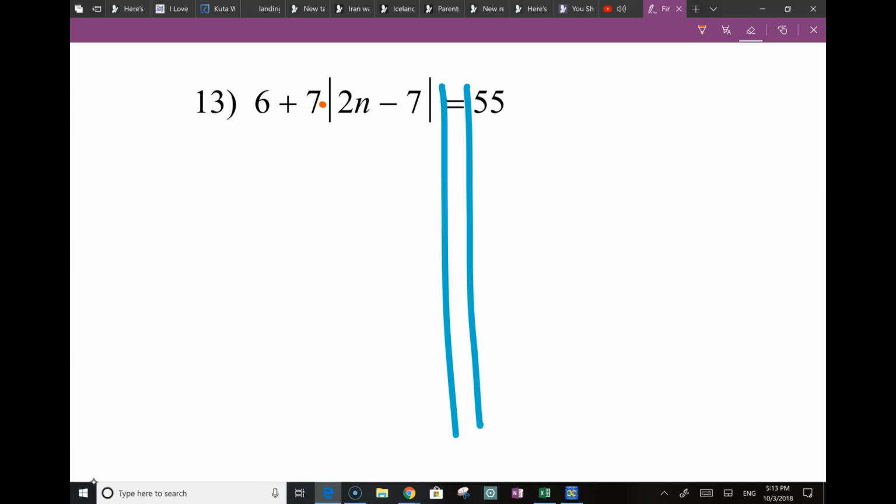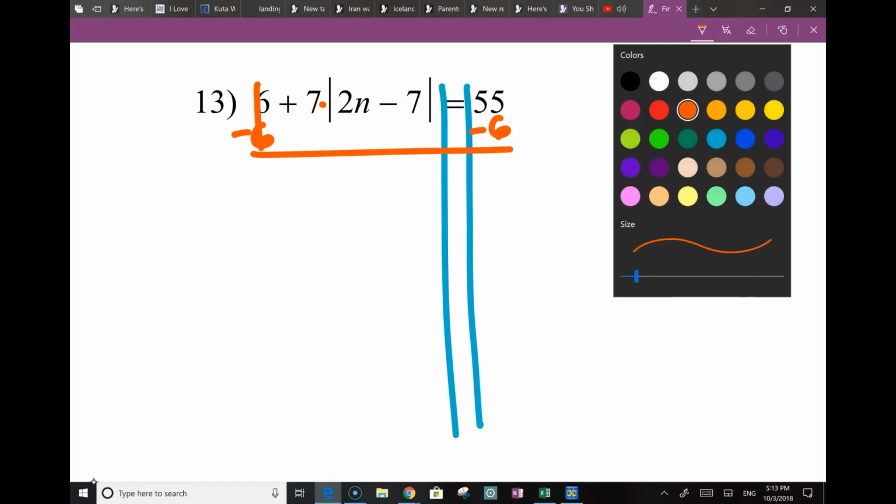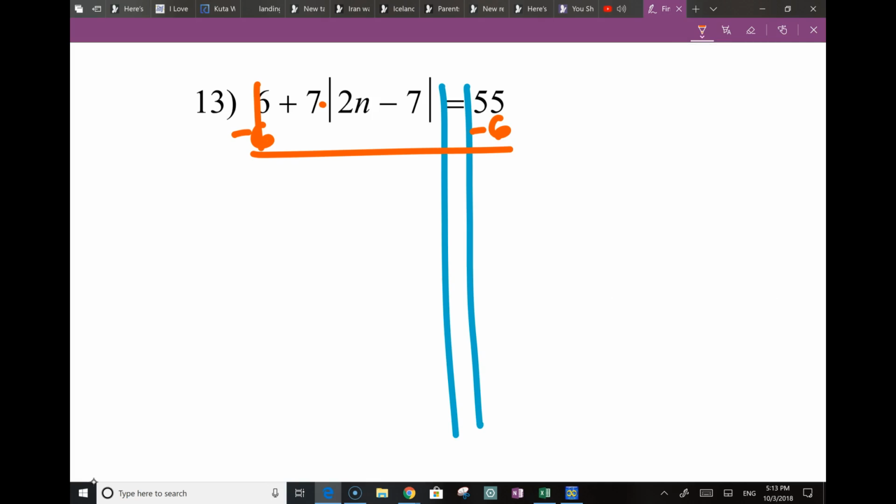So what we want to do is get rid of that 7. You want to get rid of the 6. And the 6 goes first. So we're going to use the subtraction property here and use it there. This goes away, and what you're left with is 7 times the absolute value of 2n minus 7.